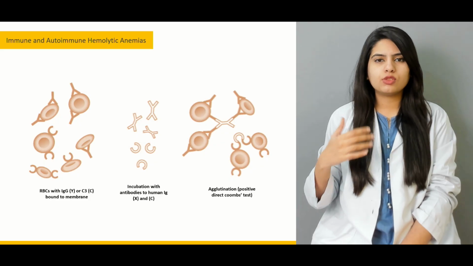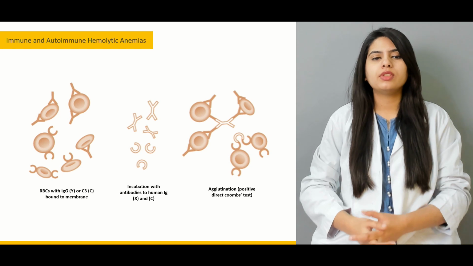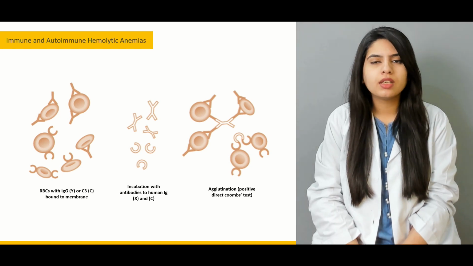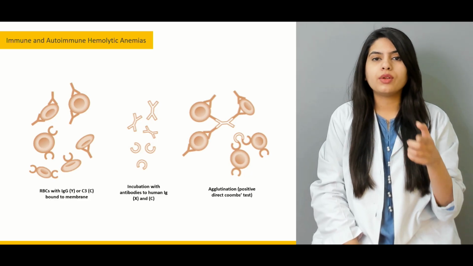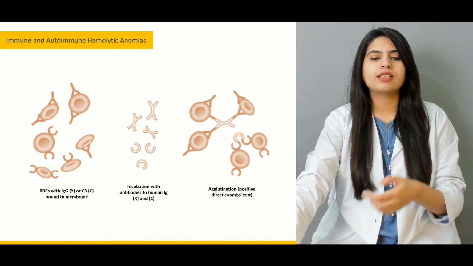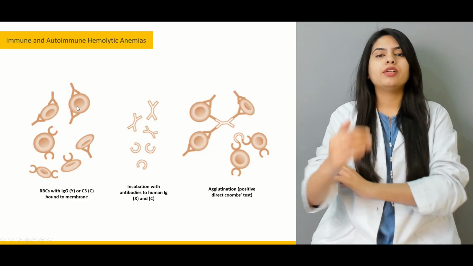Before going into the details of the Coombs test, let me tell you a little more about autoimmune hemolytic anemia. Basically, there is the presence of antigen on the red blood cells. Like here, you can see that the antibody binds to the red blood cell. Now, why will the antibody bind to the red blood cells?